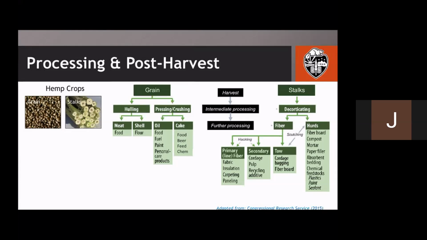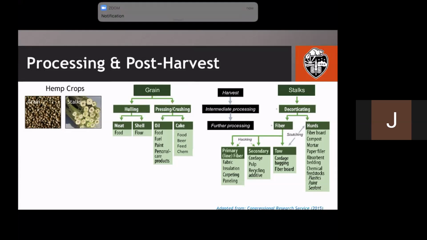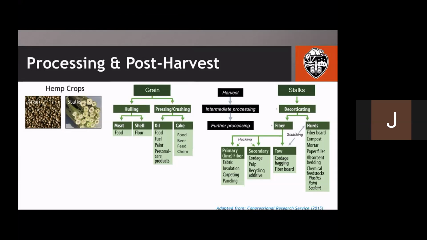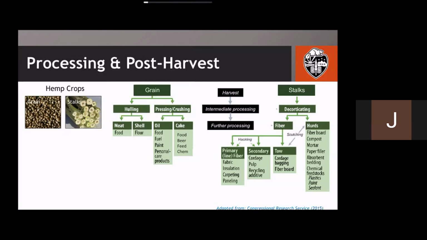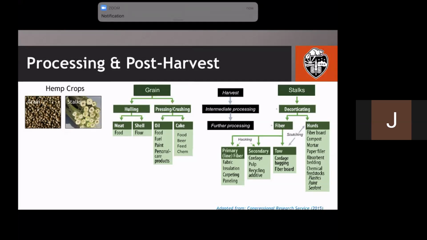There are a number of different means of processing, and in our research with the ultrafine textile fiber industry in China, there is the use of many different types of decorticators to get to a certain endpoint, and those endpoints all have a certain level of quality, as well as industrial or even domestic uses, and of course clothing, ropes, paper, etc.